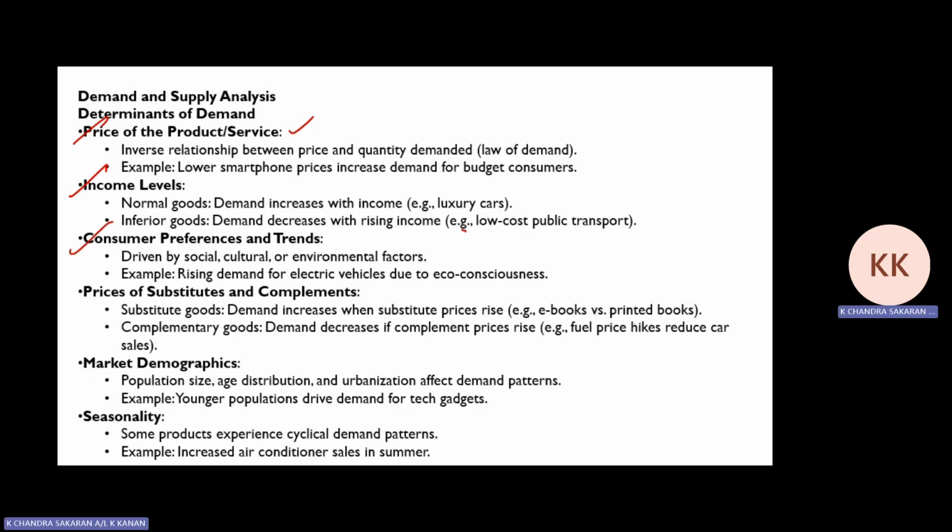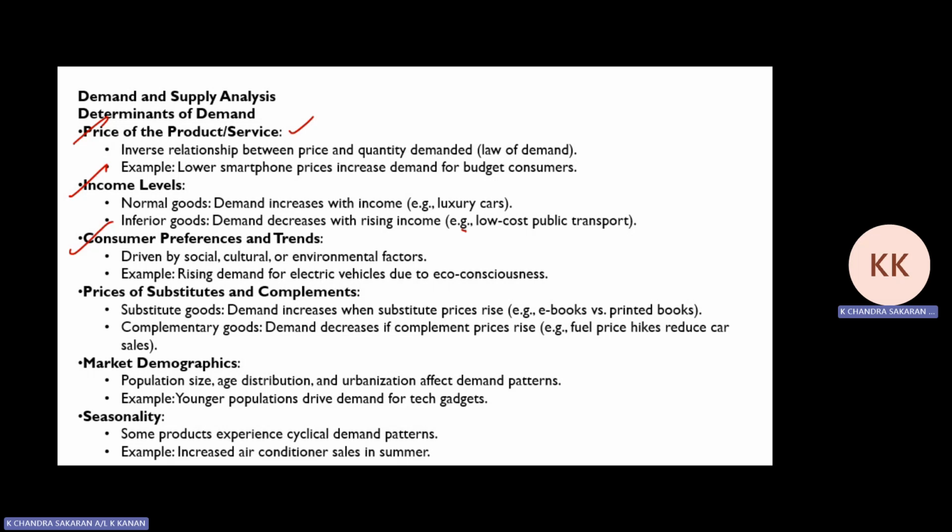Consumer preference. Nowadays, consumers, they are very educated consumers. You're all educated people, correct? So when you buy things, you may consider buying goods which are environmental friendly. You buy goods which are good for your health.